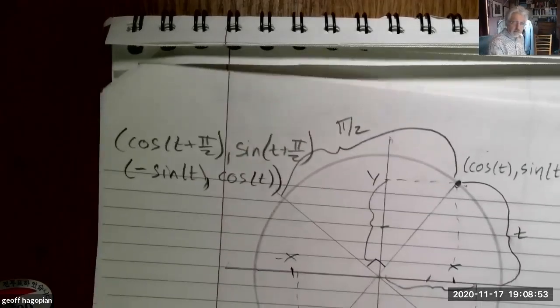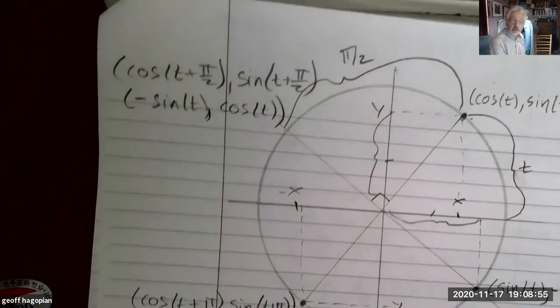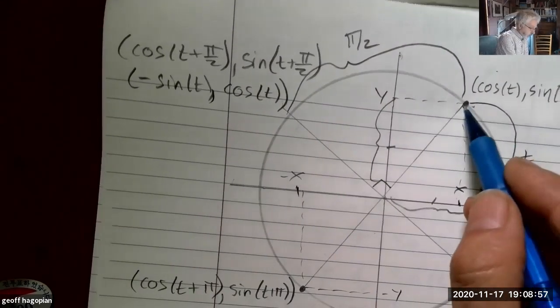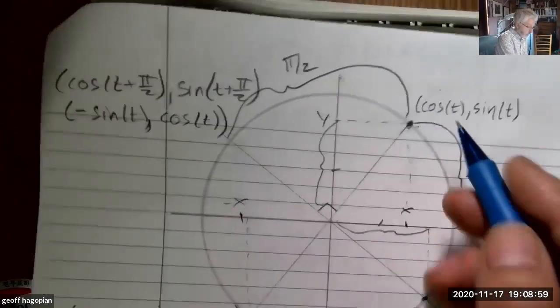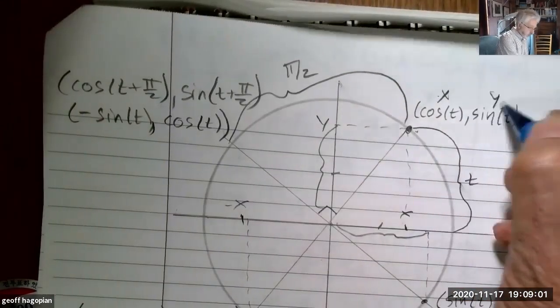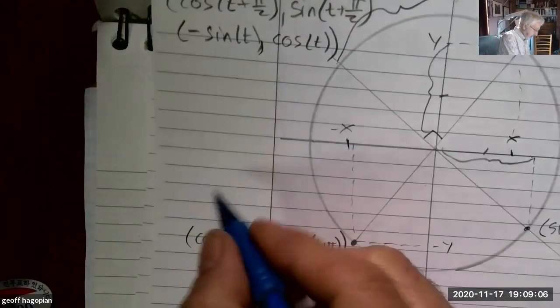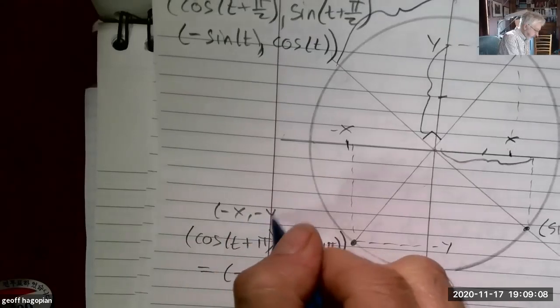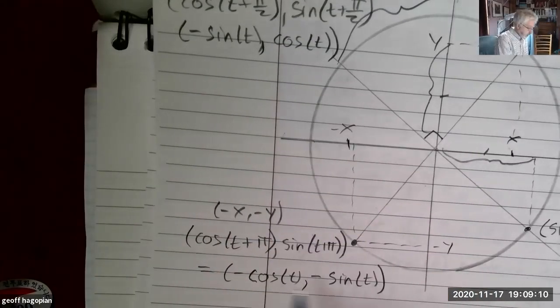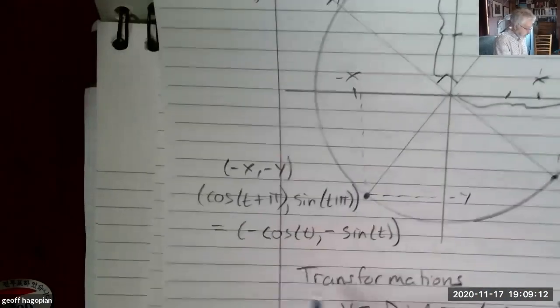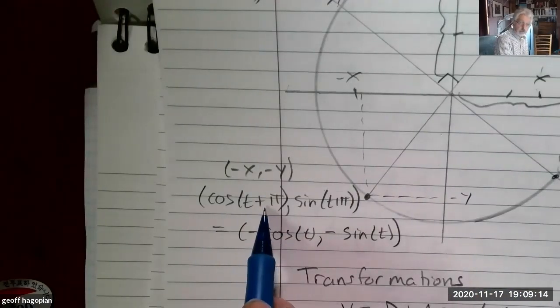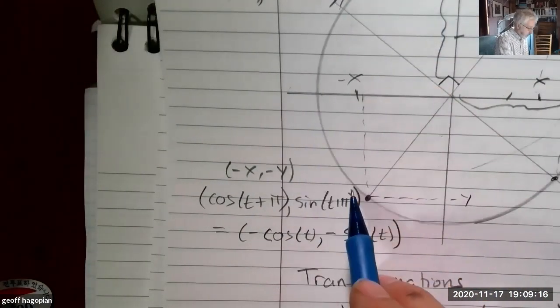And then we talked about, if you're here at xy, cosine is x and sine is y. Then the opposite side of the circle is negative x, negative y, which we can think of in 2 ways. These are the negation of these xy's up here, or as going another pi units around the circumference.